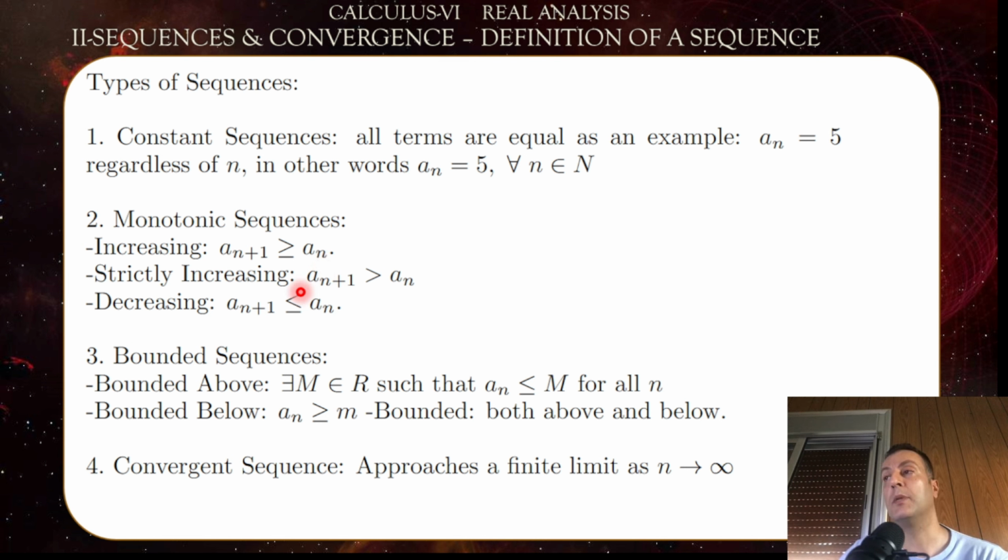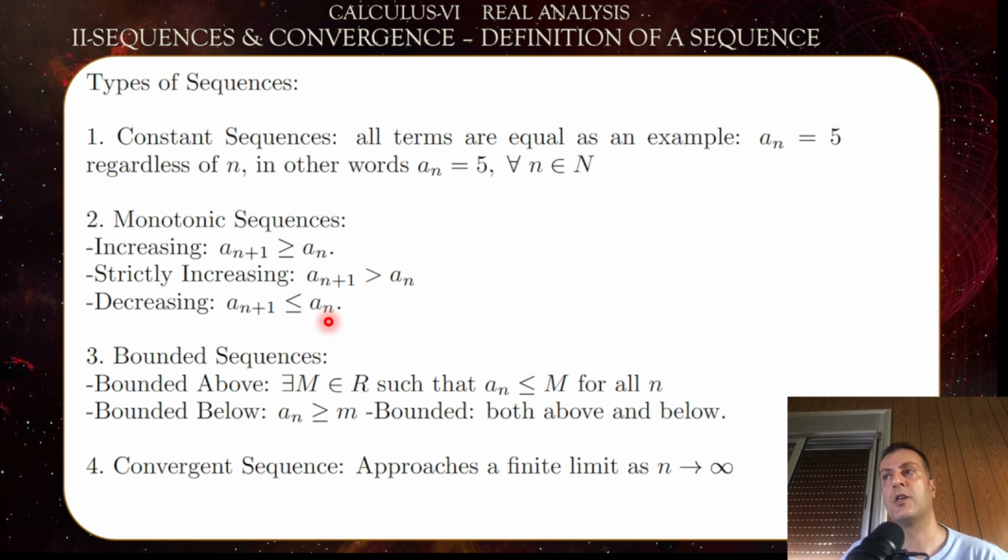Strictly increasing means that each term is strictly greater than its previous term. So a_(n+1) is greater than an. Same thing for monotonic decreasing: a_(n+1) less than or equal to an. So for some indexes, you have equal values between the following and the previous term, but for others, it decreases.